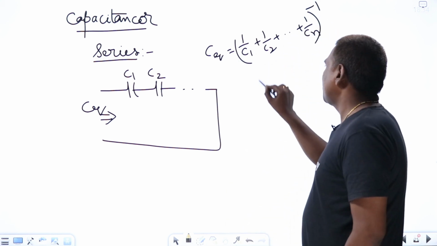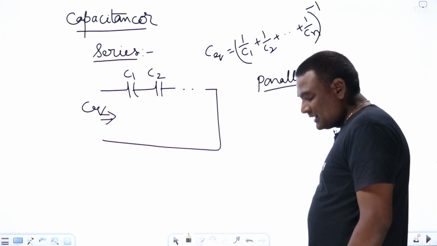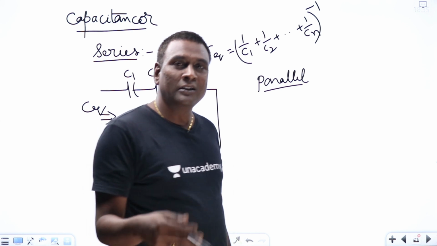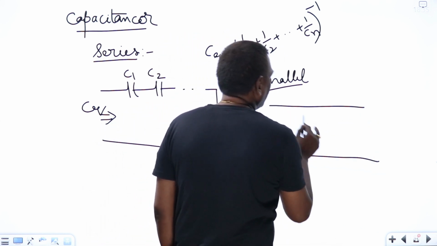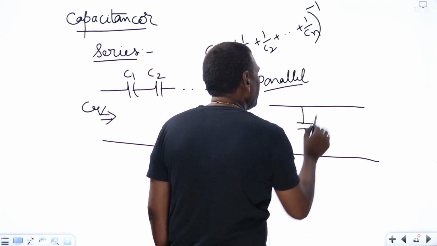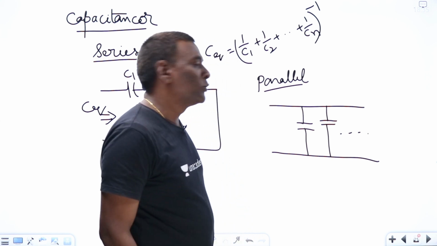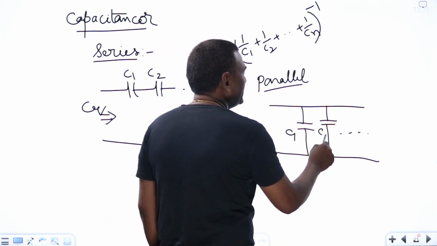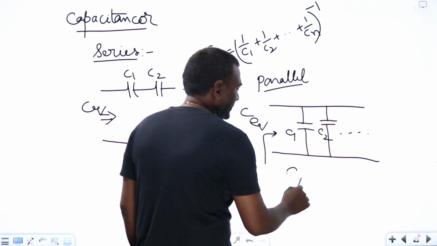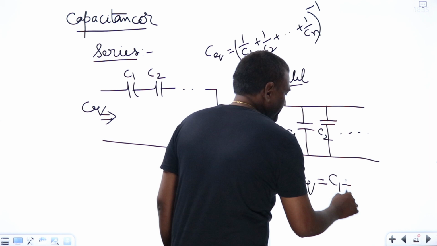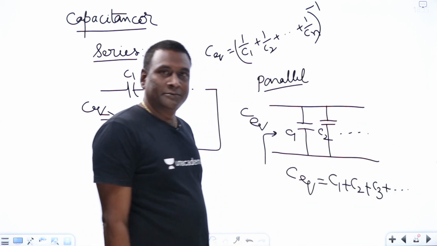If I think of parallel, for parallel connection, the series kind of resistance or series kind of inductance formula has to be used. That's it, because between inductor and capacitor, voltage is becoming current, current is becoming voltage. If I have C1, C2, and I want C equivalent, this is enough.